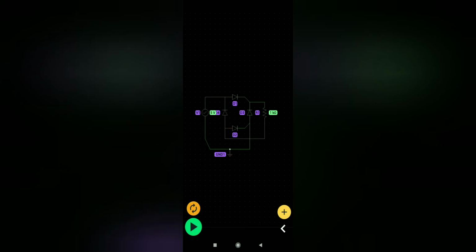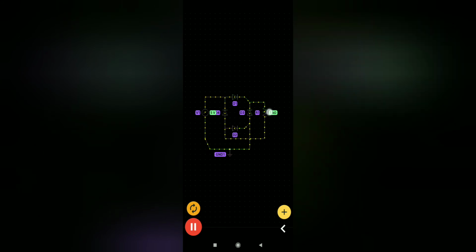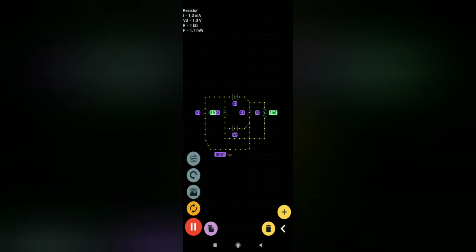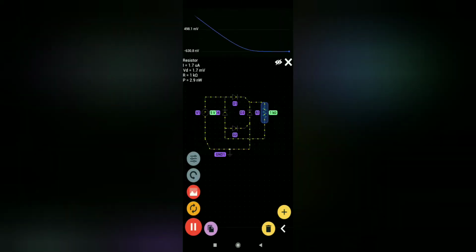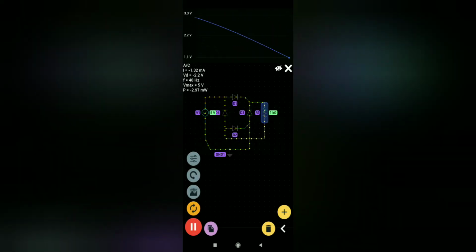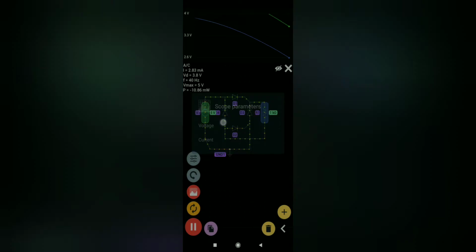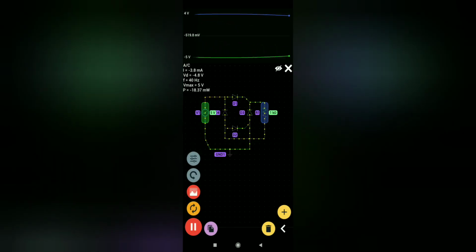This is the circuit for the full wave rectifier. Simulate this. Here for the positive half cycle, diodes D1 and D2 conduct, and for the negative half cycle, diodes D3 and D4 conduct. Now we see the output waveform on this scope. We require the voltage for the input and output.